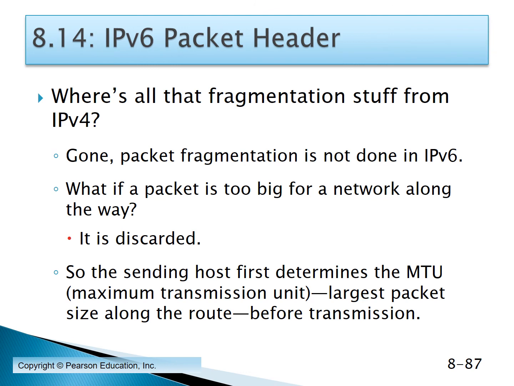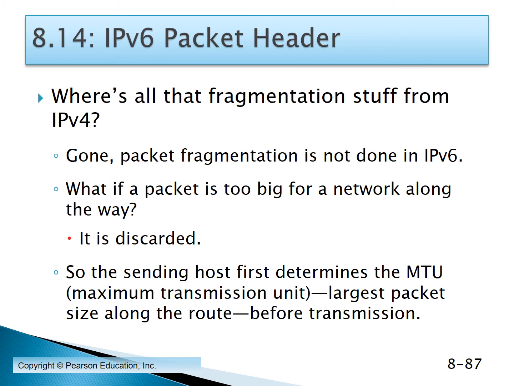Okay, so what happened to fragmentation from IPv4? Remember, in IPv6 we don't have fragmentation anymore. It's gone. As we also said, IP packet fragmentation, although it's in IPv4, is rarely done. So when a packet is too big for a network along the way, it will be discarded.